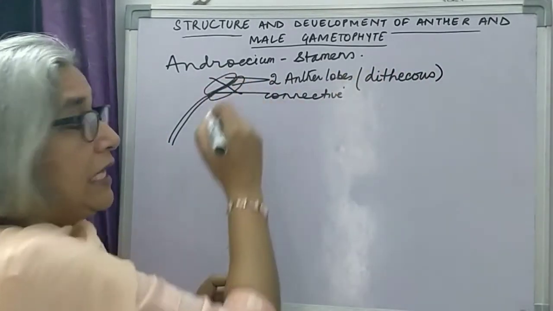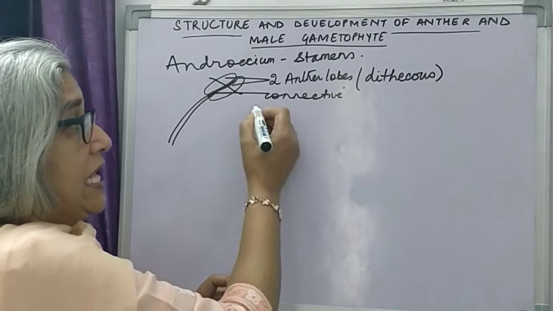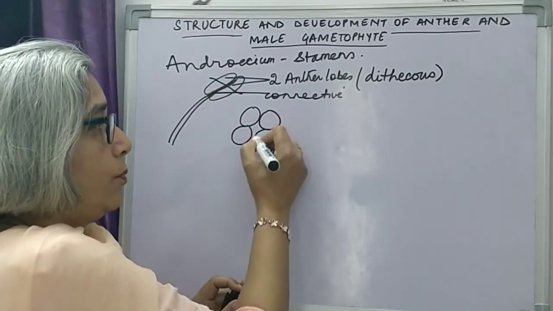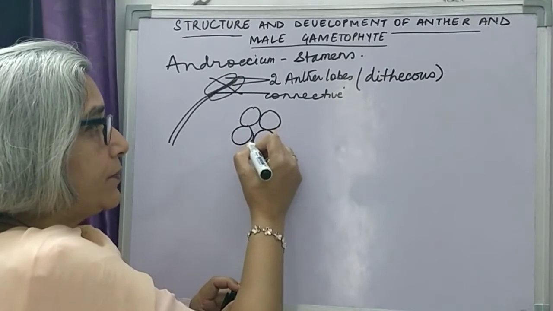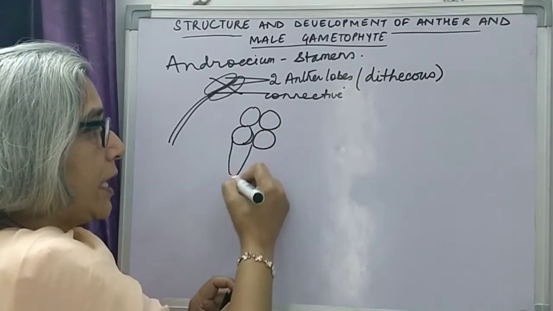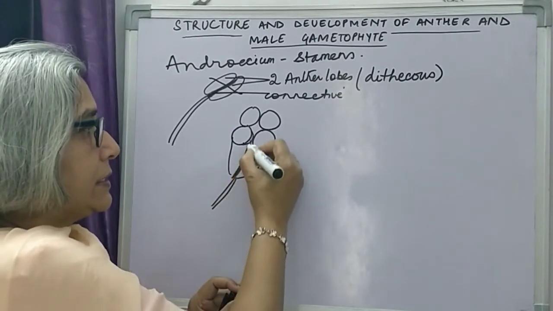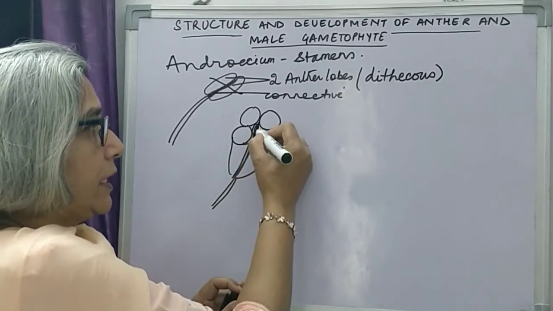If we cut a TS of this, we see each anther lobe is made up of two pollen sacs like this. Each anther lobe is made up of two pollen sacs. This is the connective in TS.